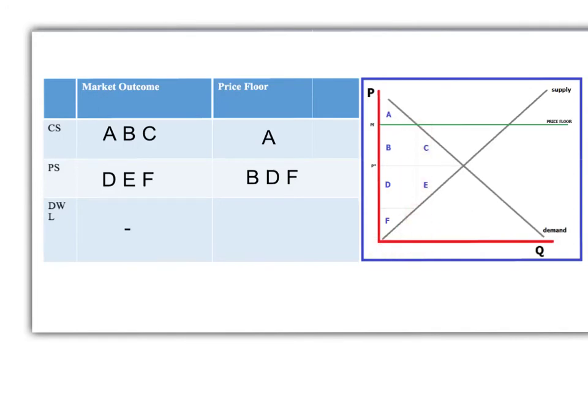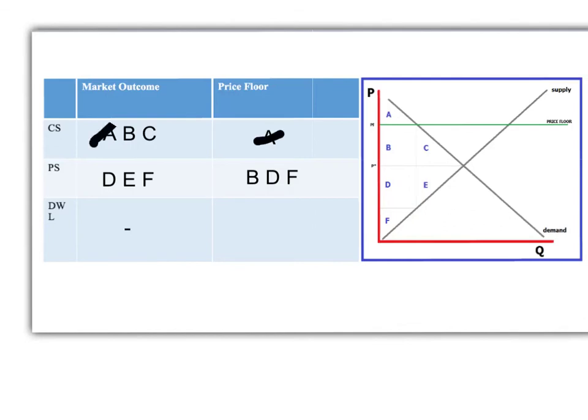And we will see that we get areas B, D, and F as our producer surplus. Now we can do a little bit of easy calculation here. We used to have A, B, C, D, E, F all as areas of surplus, and now we only have A, B, D, and F. So let's see if we try to cancel these out.